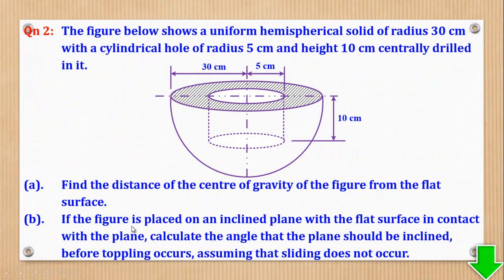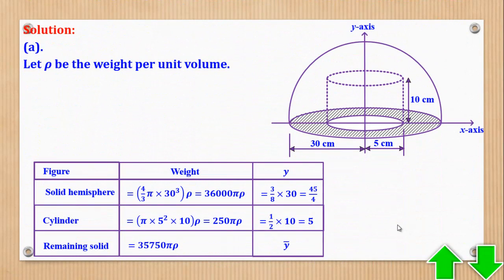where they said if the figure is placed on an inclined plane with the flat surface in contact with the plane, calculate the angle that the plane should be inclined before toppling occurs, assuming that sliding does not occur. So condition for toppling, I think we remember it. The good thing we have seen, they got the center of gravity which is there. So for toppling not to occur, this weight must pass through this corner.